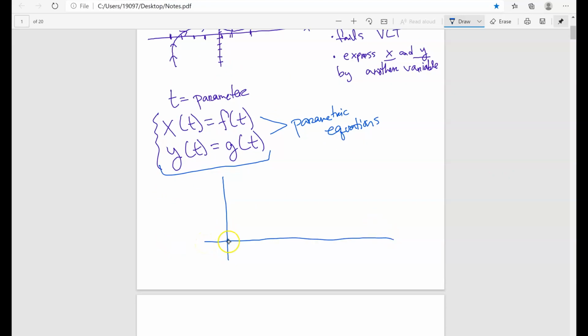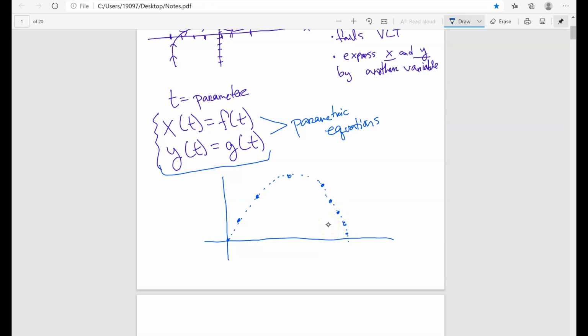If I threw a ball and it follows this parabolic shape, I can definitely express it in terms of y equals f of x. But another way is to express it with x and y, x being the horizontal distance and y being the vertical distance.